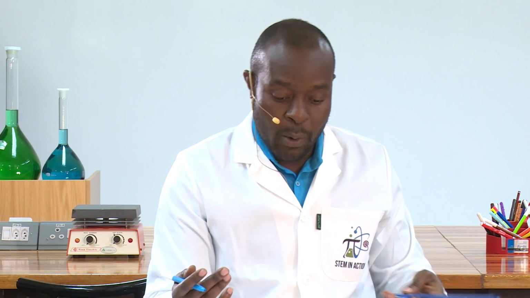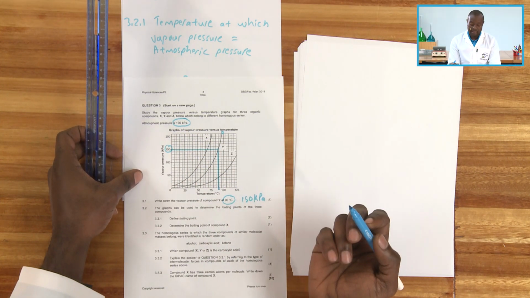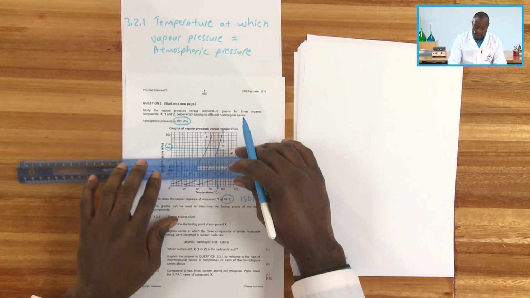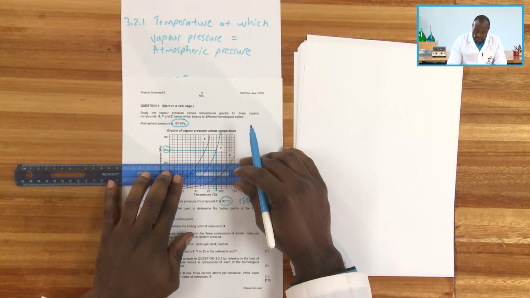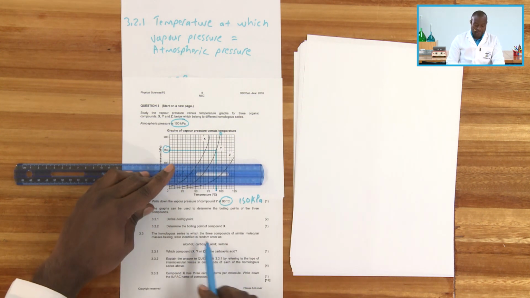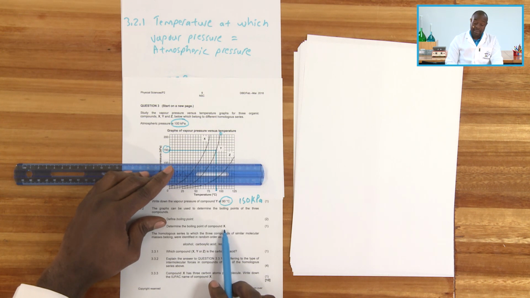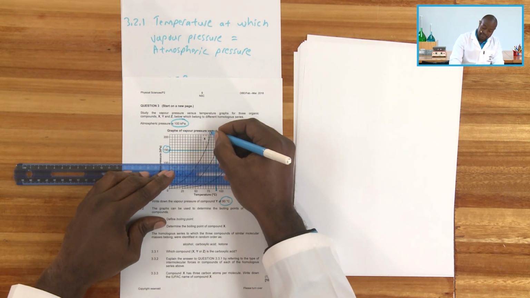So we said that boiling point is reached when the vapor pressure is equal to the atmospheric pressure, right? And we were told that the atmospheric pressure is 100 kilopascals. So this time we are going to 100 kilopascals, and we are looking for the boiling point of compound X, which is this graph.